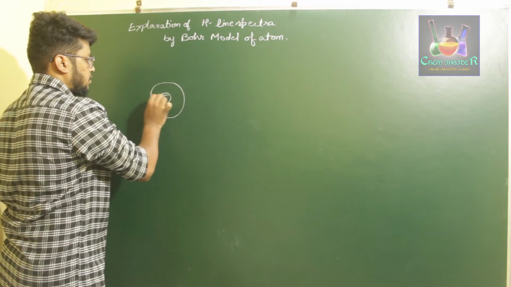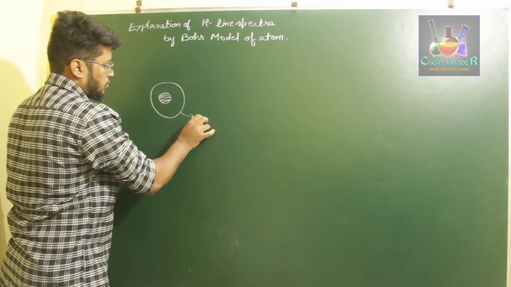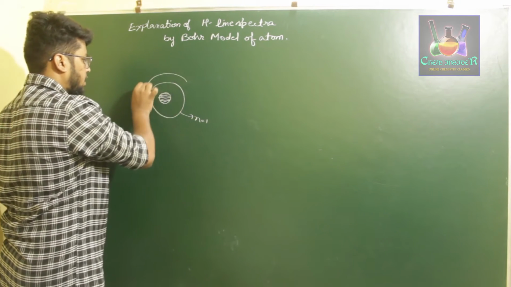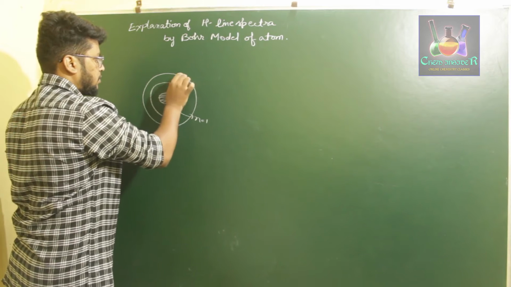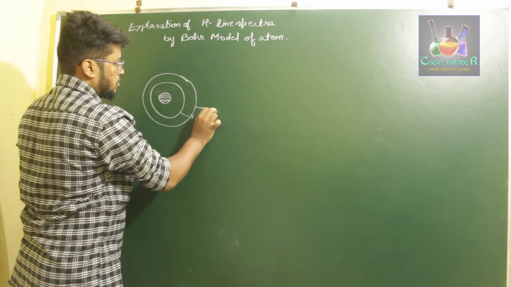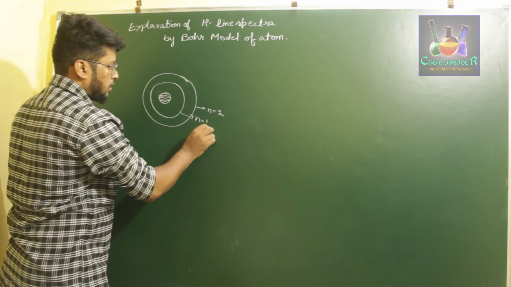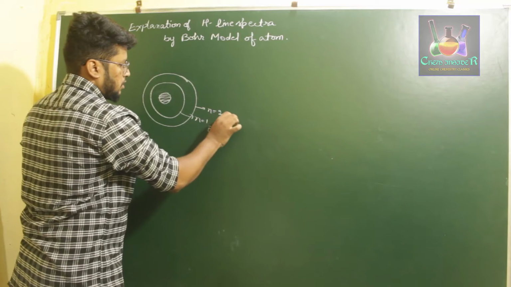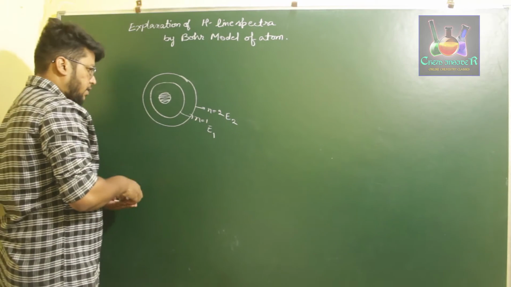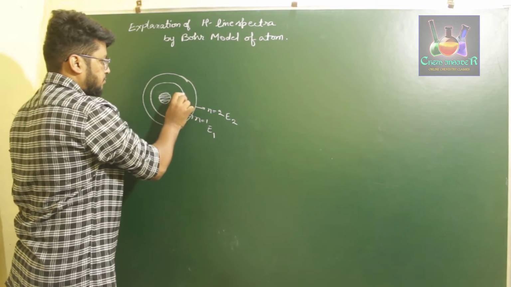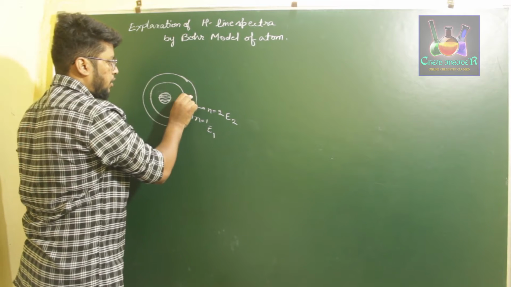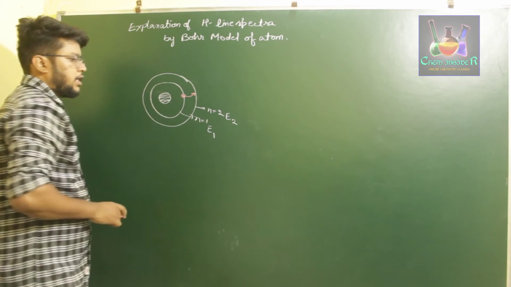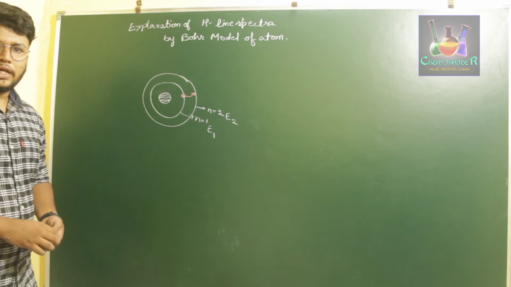So let us consider this is the nucleus and this level is n is equal to 1, and we have one more level, n is equal to 2. The energy levels are E1 and E2. We have an electron present over here.